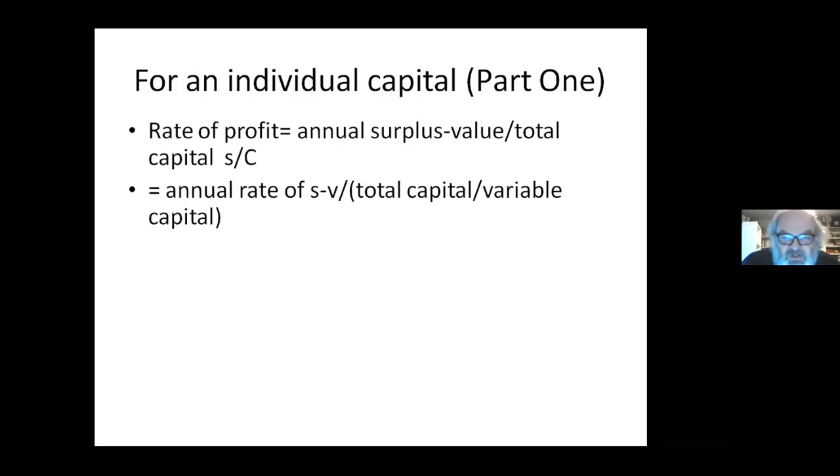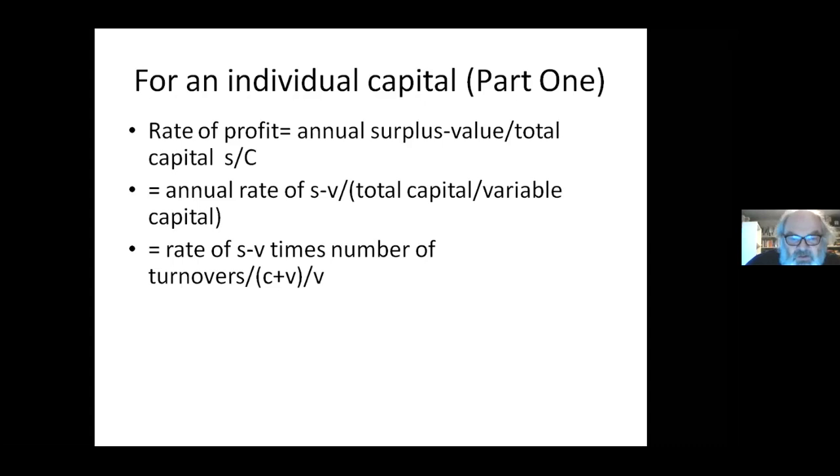If we divide surplus value by variable capital, we get S over V, which is the annual rate of surplus value. But if we divided the top of this ratio by variable capital, then we should also divide the bottom to be consistent. So we also divide the total capital by the variable capital.